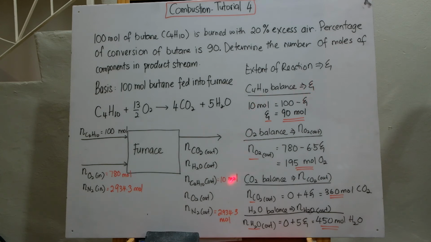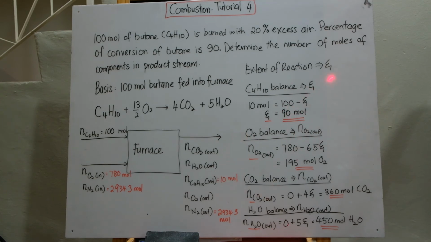From the conversion, I know the butane that goes out in the product line is 10 mole. So the unreacted 10 mole equals 100 that goes in minus the extent of reaction. So I obtain my xi, or extent of reaction, equal to 90 mole. As we said, conversion is 90%, so the reaction goes 90 mole.